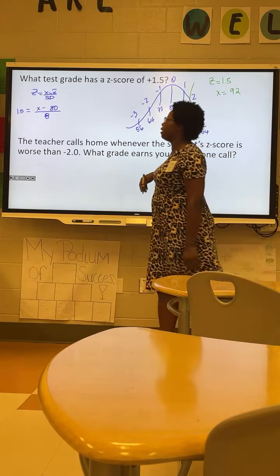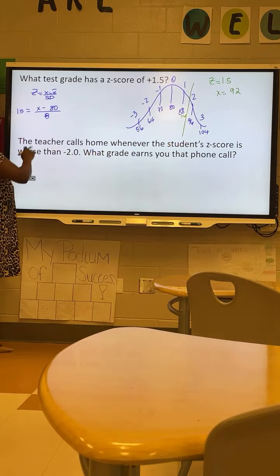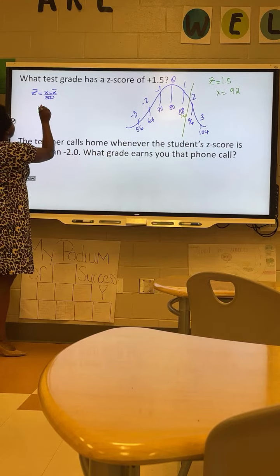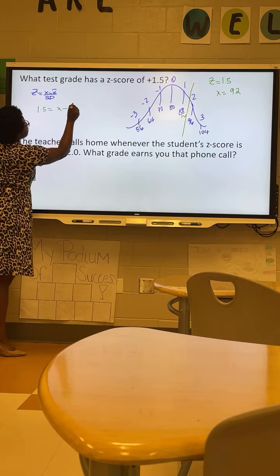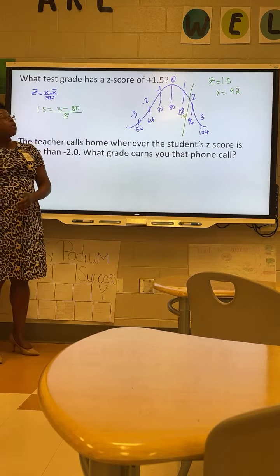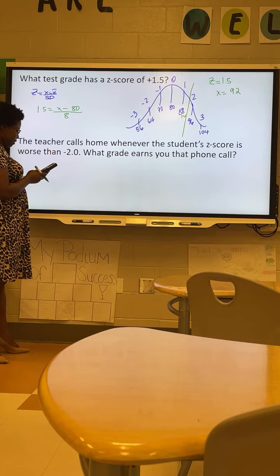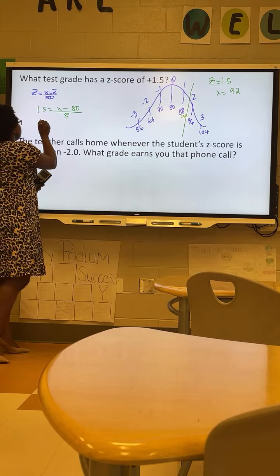So that's what we get from our graph. Let's prove it with calculation. So 1.5 is equal to x minus 80 over 8. Since we're trying to find the value of x here, we must first simplify by multiplying both sides by 8. So 1.5 times 8 will give us 12.